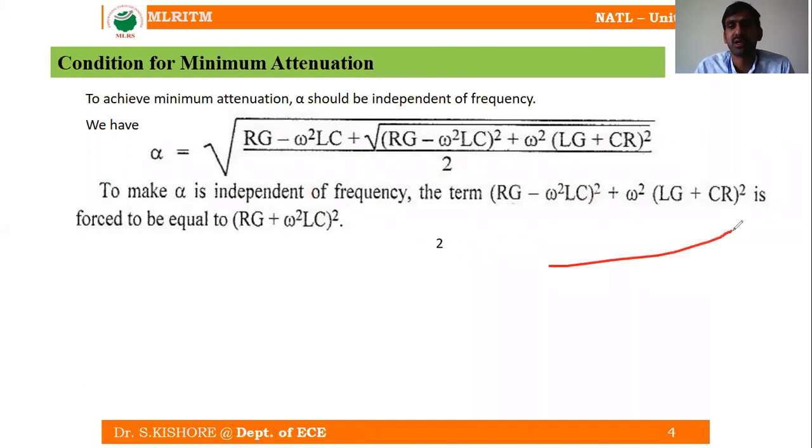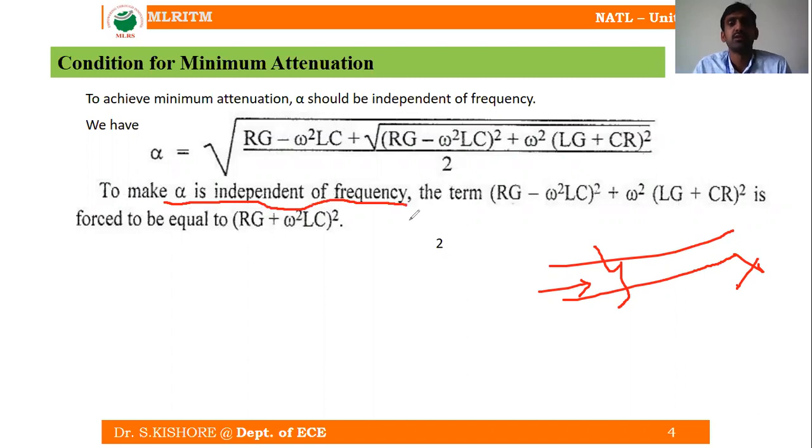If the signal we are sending is independent of the frequency, then we can have the minimum attenuation in this line. That is why I am taking alpha to be independent of frequency.